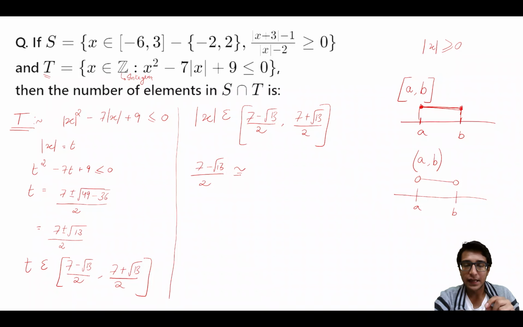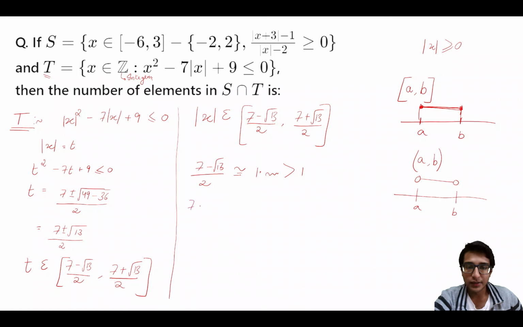Point something, and then that would become 4. So 3 point something again. So I would have 3 point something by 2. It would make it 1 point something. That means this is approximately equal to a value which is greater than 1. So I need to keep this thing in mind.